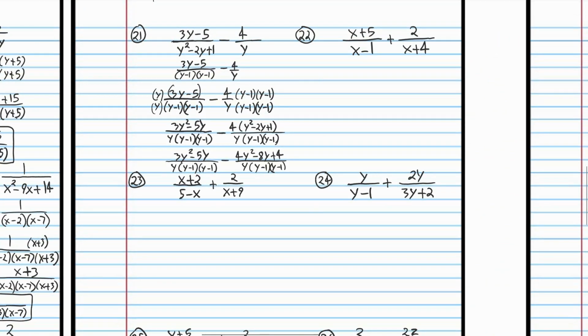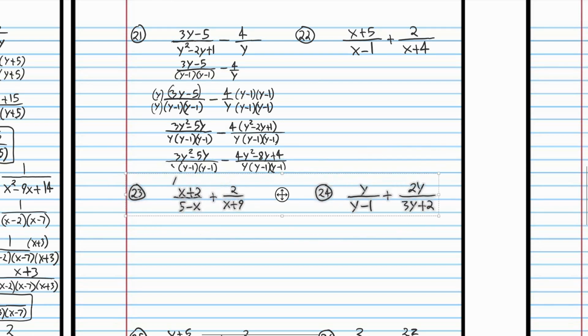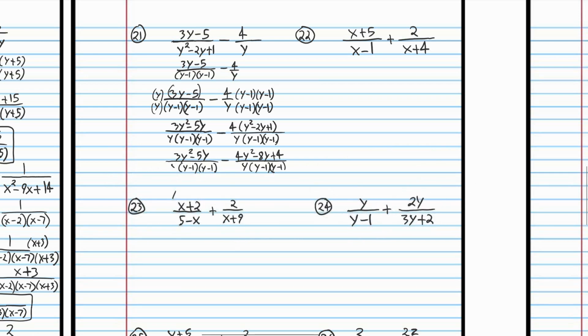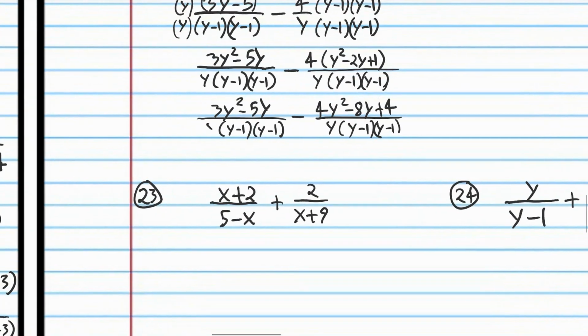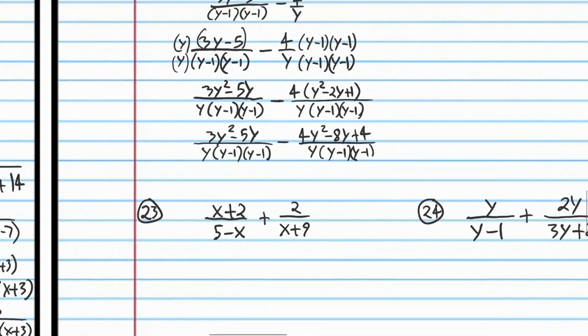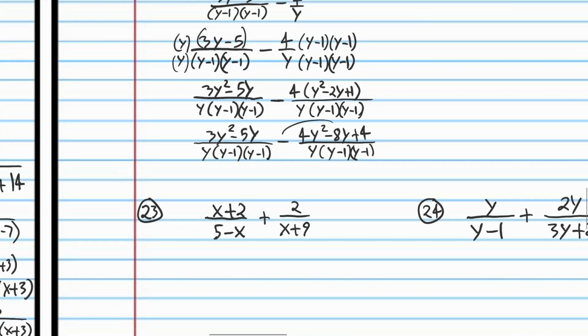All right. I'm going to move these down a little bit. And then you can just change all these signs to negative. So this is going to be 3y squared minus 4y squared, not plus 4y squared. This is a positive 4y squared, but it's going to become negative because we're subtracting it.